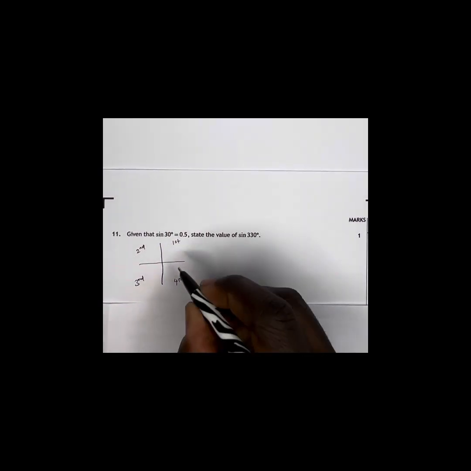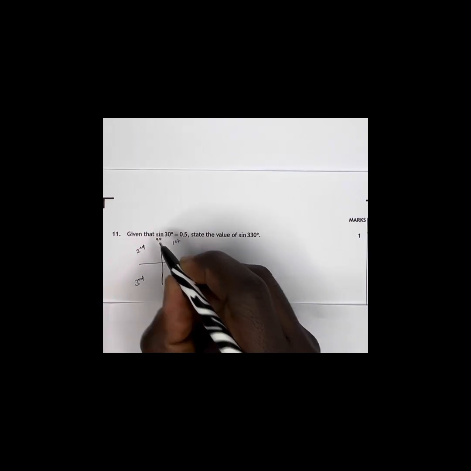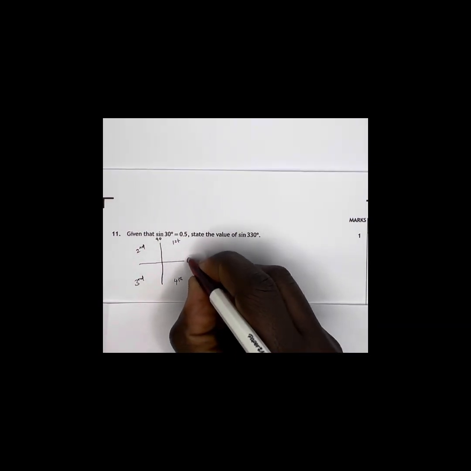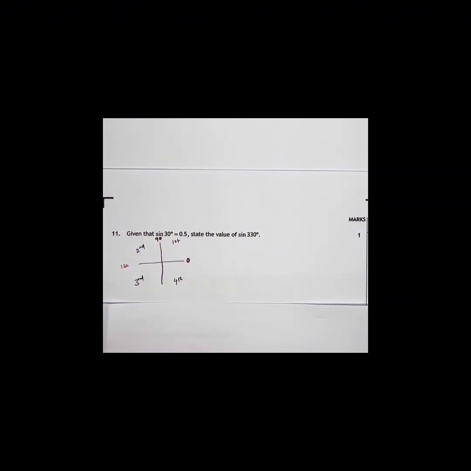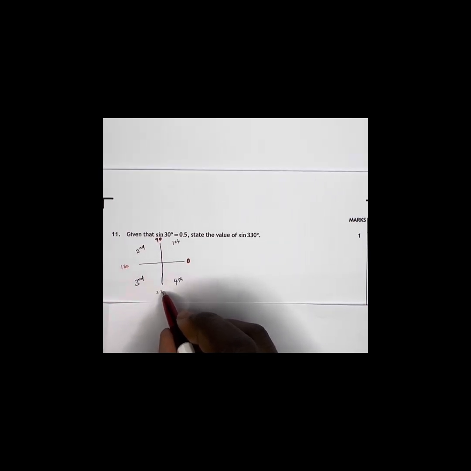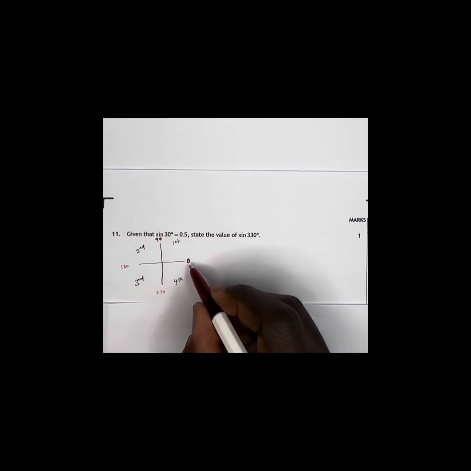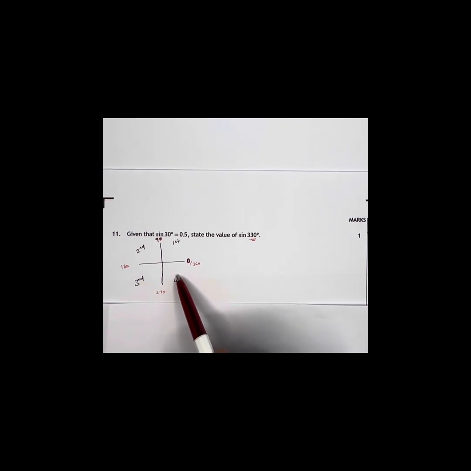The first quadrant is 0 to 90 degrees, the second is 90 to 180, the third is 180 to 270, and the fourth is 270 to 360 degrees, which means that 330 is going to fall in the fourth quadrant.